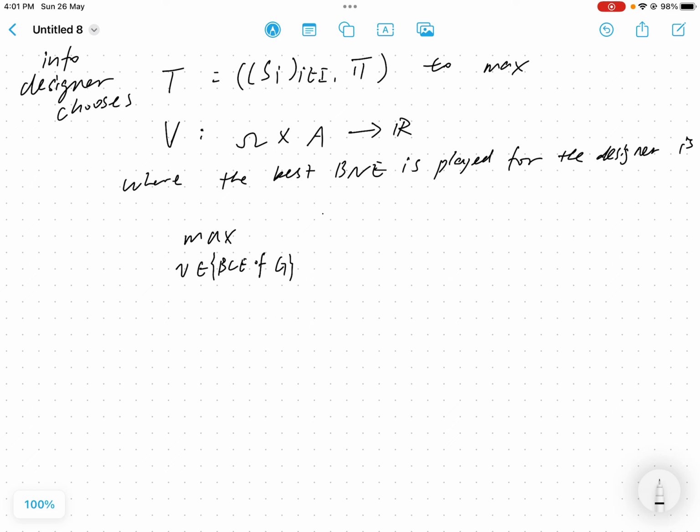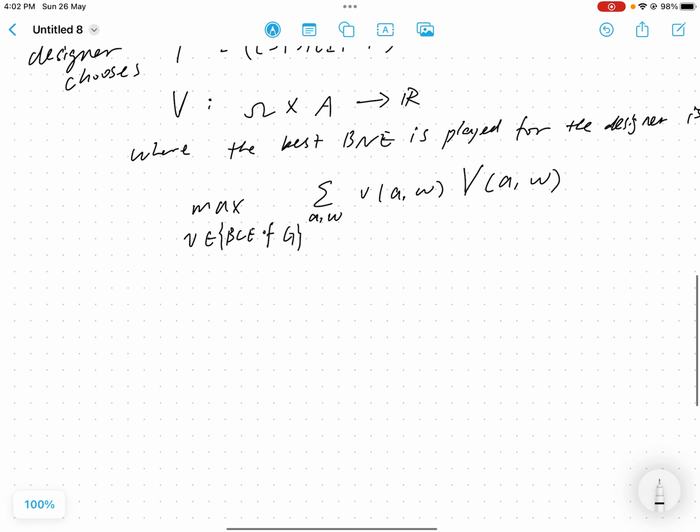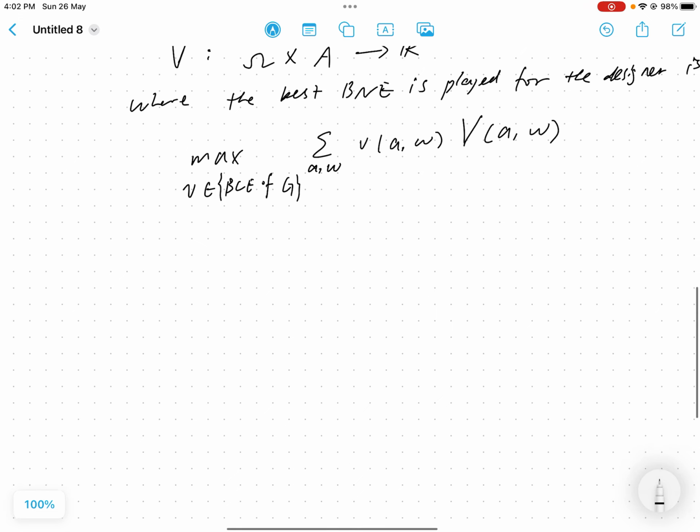All right. So we sum over A and omega and multiply all those outcomes with the big V, the utility. And this BCE is just the set of the Bayes correlated equilibrium of the basic game G. Okay. So after that, then we can use linear programming.